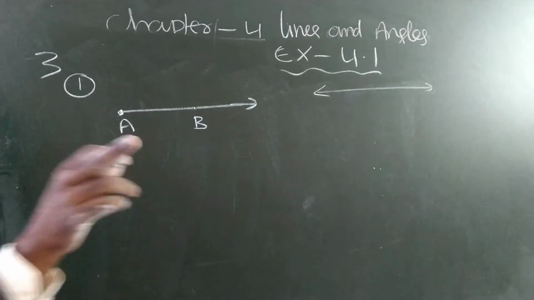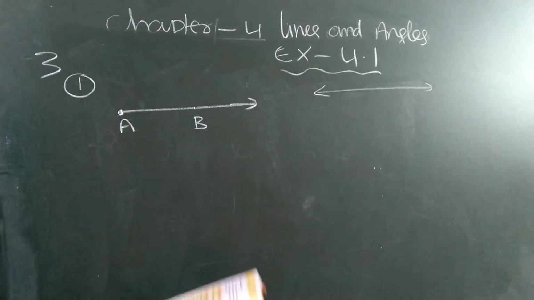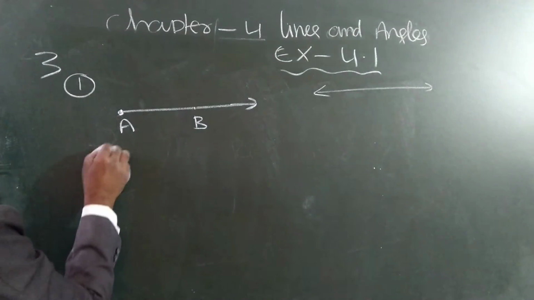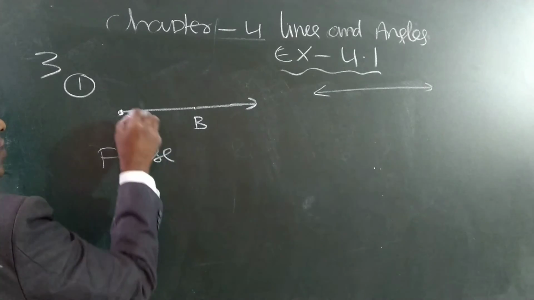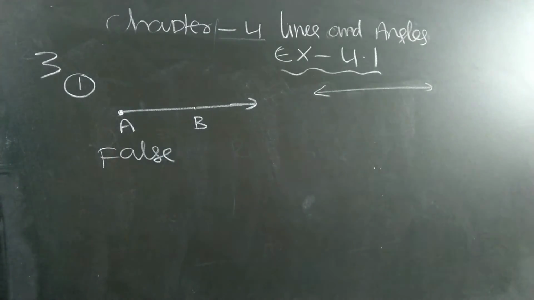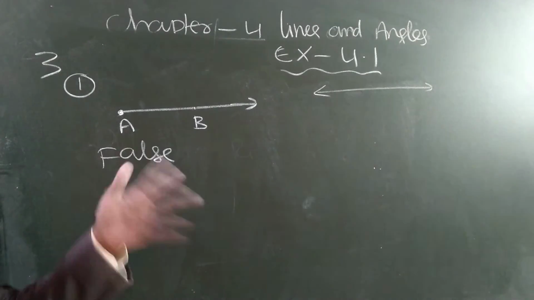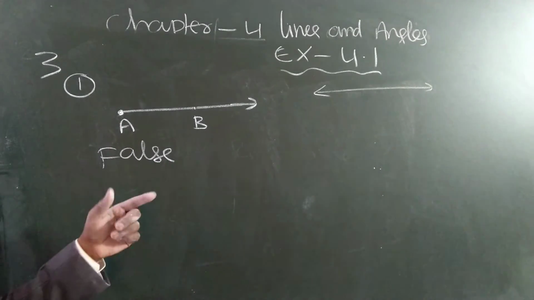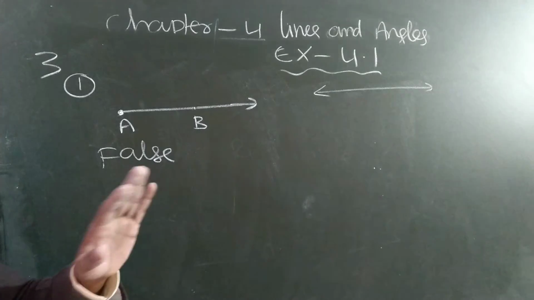So in this question, the statement that a ray has no end point is false, because a ray will have one end point. For a line, no end point is correct, but a ray will have one end point. So that statement is wrong.